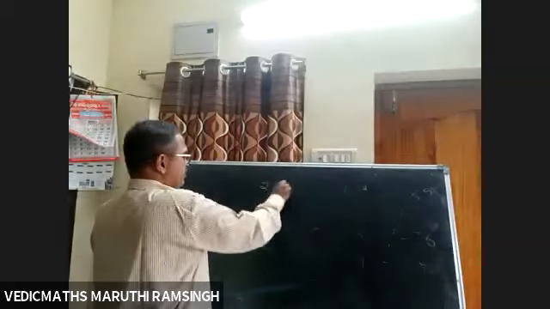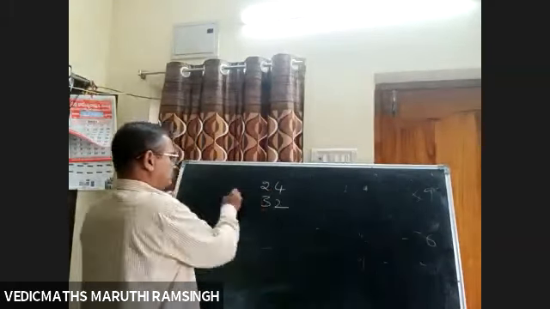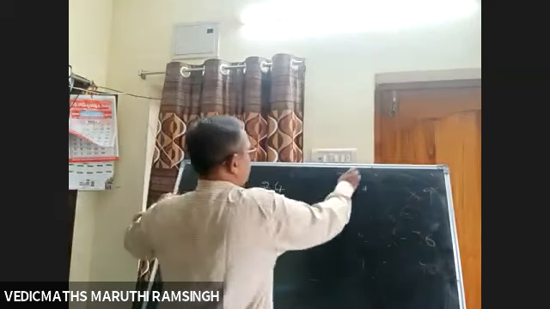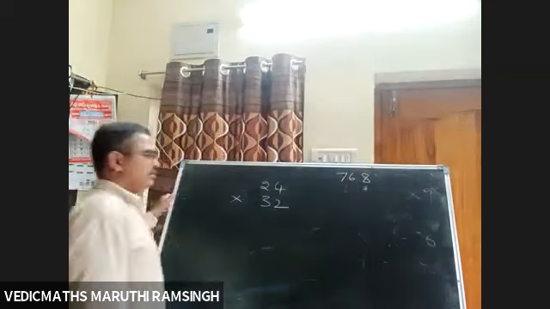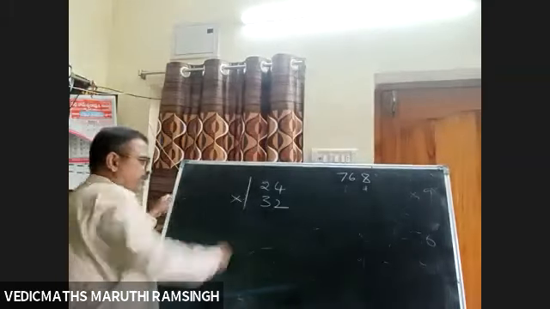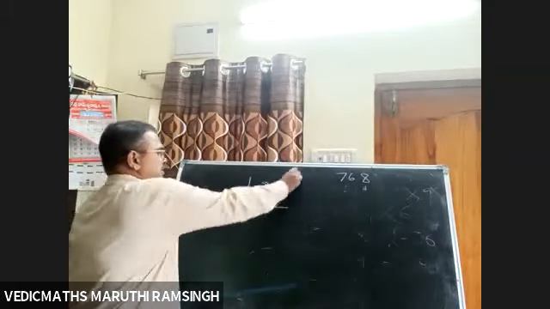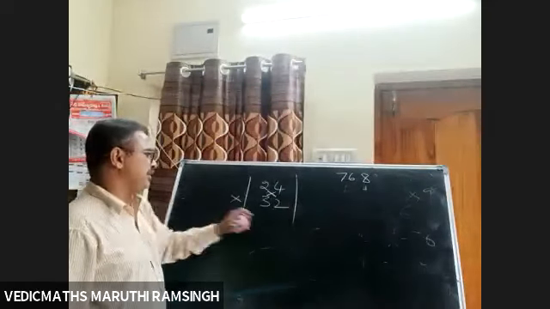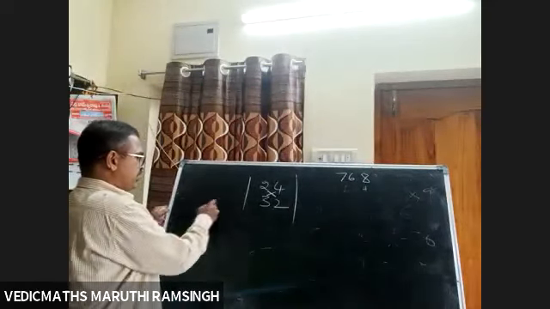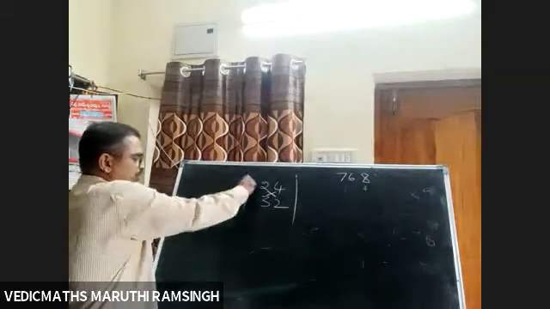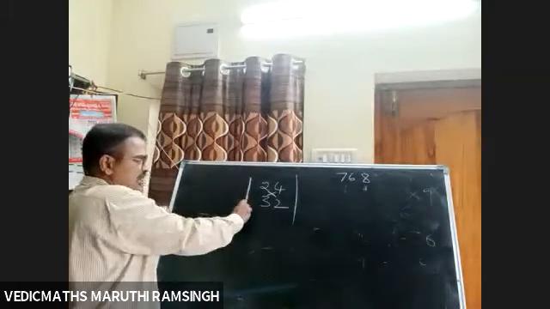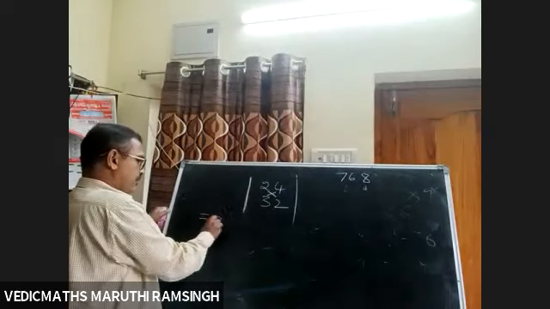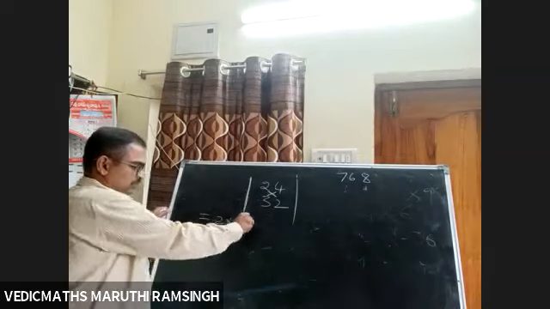First example, 24 times 32. Answer is 768. V, C, V, vertically, crosswise, vertically. Let us see details. Vertically, the numbers along with this vertical line, 2 into 3, 6 dash.